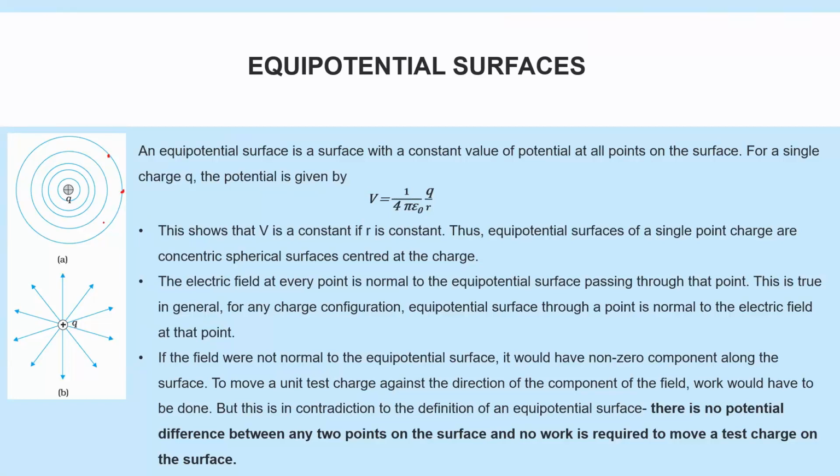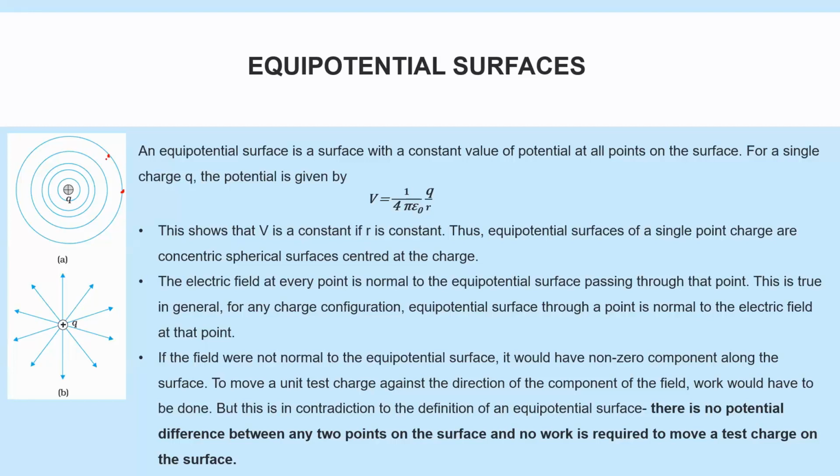If the electric field is not normal, there will be another component along this surface, as we just said, and because of that, work needs to be done to move the charge from this point to another point. But since the equipotential surface has equal potential value at all the points, that means the work done should be zero, and because of that the potential difference should also be zero.